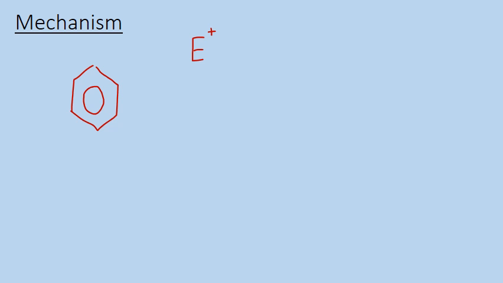So this ring of electrons will attack the electrophile. Notice how the arrow is going from the ring and to the E. All too commonly, I'll see students accidentally go the other way around. That's incorrect. So it definitely goes from the ring to the electrophile.